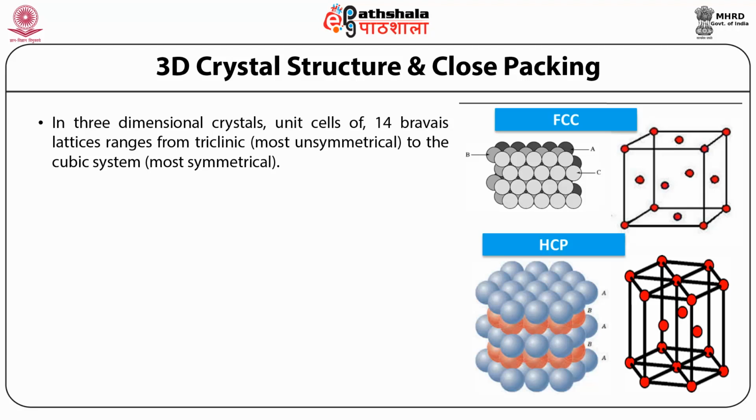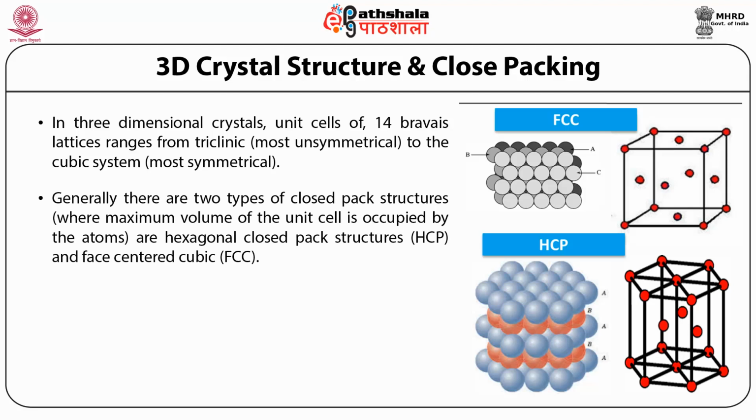The cubic structure has 3 forms: simple cubic, body-centered cubic, and face-centered cubic, named SC, BCC, and FCC respectively. Among these 3, the face-centered cubic structure is most favored by solids as the occupancy of space in the unit cell is maximum in this case, which is around 74%.